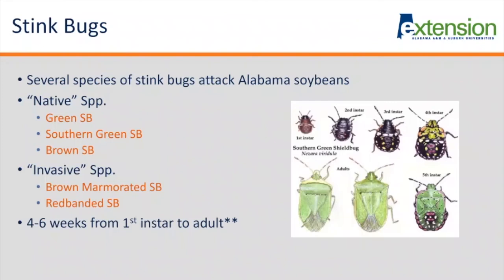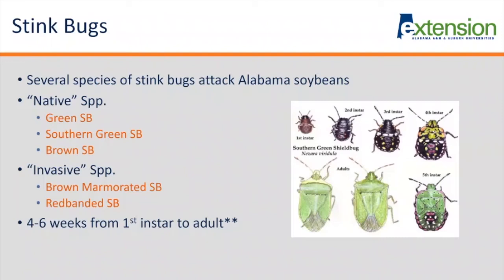So moving into our stink bugs now, we've got several species that may invade our soybean fields during the season. We think of our native stink bugs: the green, southern green, and brown stink bugs, which Dr. Smith talked about with cotton already, and then our invasives, the brown marmorated, and the ever famous red-banded stink bug, or infamous, I guess I should say.